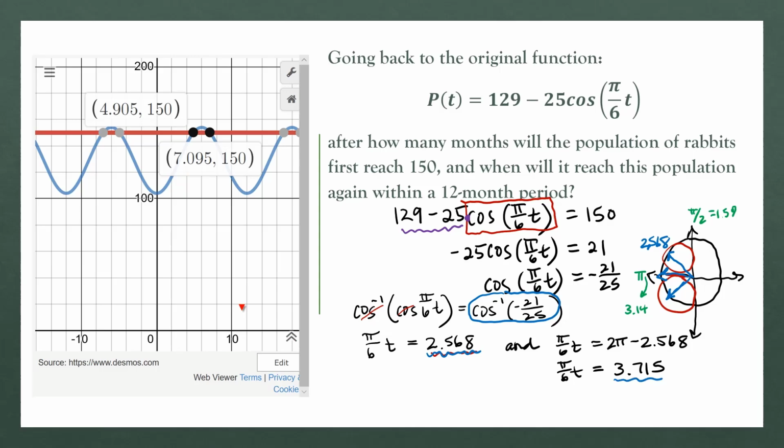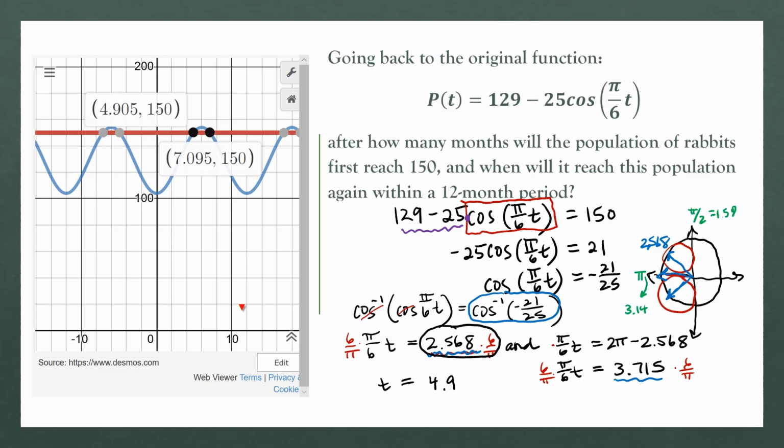I'm going to go through now and I'm going to multiply each side by 6 over pi because that will get me the t by itself. So on the left-hand side, I'm left with t equals, and if I put all of this into my calculator, I got a t value of, I think, 4.9046700654.